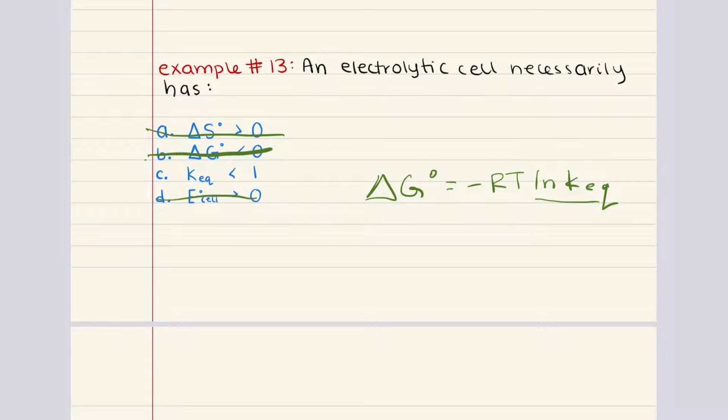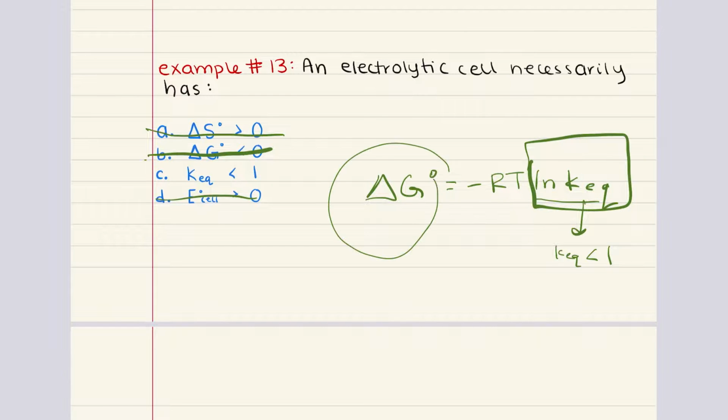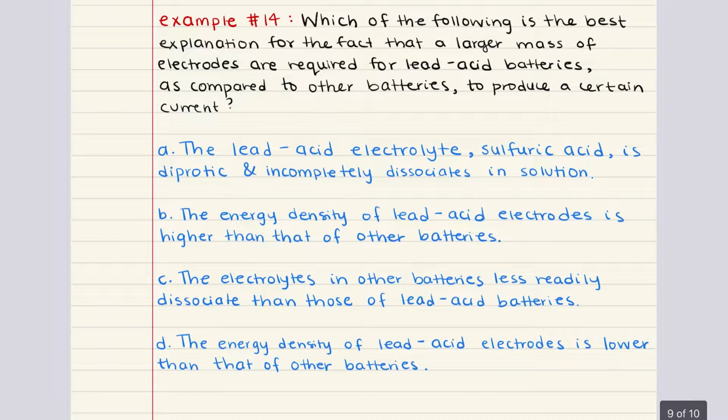If the equilibrium constant, KEQ, is less than 1, then this would result in this whole term being less than 0, which means delta G is going to be positive, which is what we want because an electrolytic cell is non-spontaneous. So delta G needs to be positive. And if KEQ, the equilibrium constant, is less than 1, then that is going to be true. So the correct answer for problem 13 is C. Let's move on to problem 14.